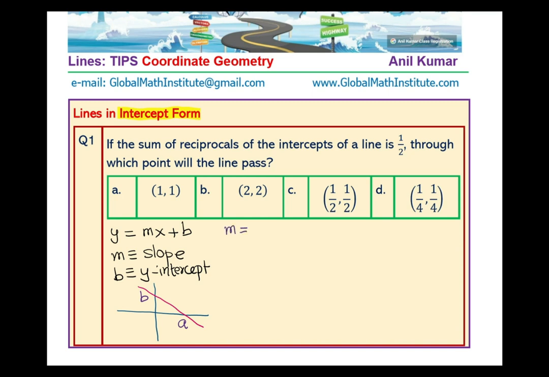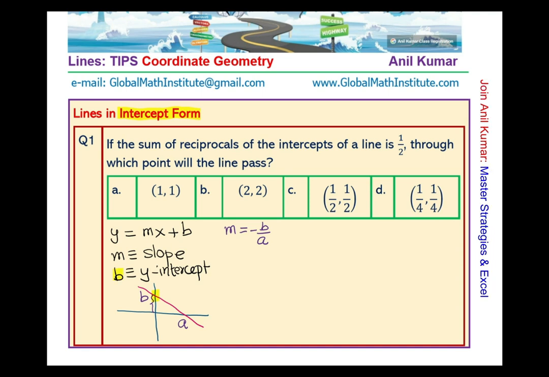Well, the line is going downwards, and therefore the slope will be negative b over a. Going down, you go down by b units, so change in y is minus b, and change in x is plus a. So it is minus b by a. And of course, the y-intercept b remains as b.